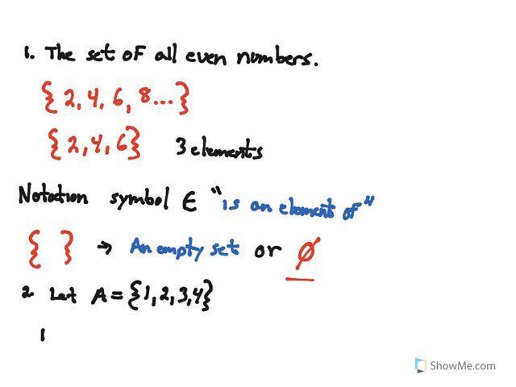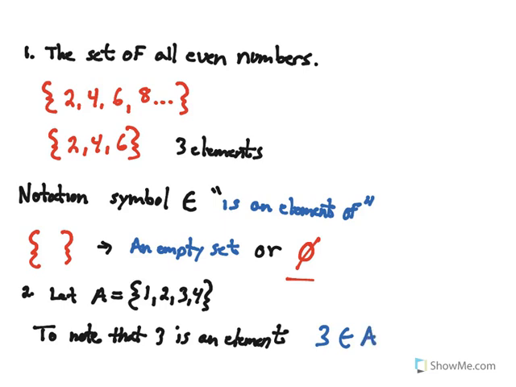And to note that something is an element of this set, let's pick the number 3, for example. To note that 3 is an element, then we just simply do this. We would write 3 is an element of set A.